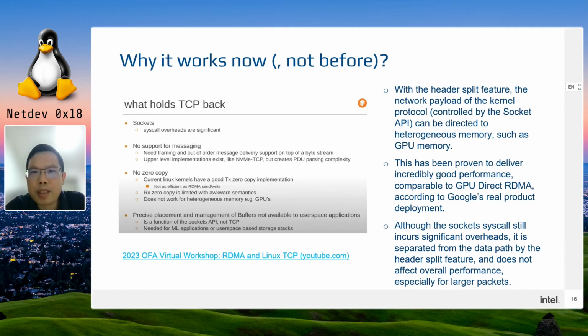And from the performance data from Google and from our side, we can also observe that even though the socket API system calls still have a significant overhead, the data path is separated by the header split feature, so the overall performance is not affected too much, especially for larger packets.